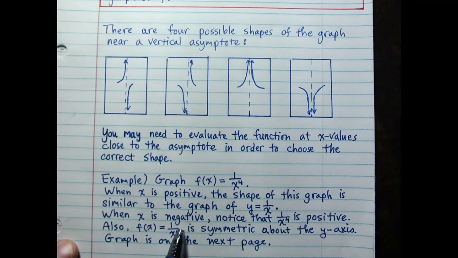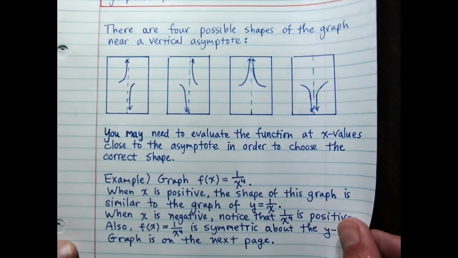When x is negative, however, notice that 1 over x to the 4th is positive, so it's going to be different from y equals 1 over x. Also, f of x equals 1 over x to the 4th is symmetric about the y-axis. If you replace x with minus x, we get an equivalent function. This is also called an even function.